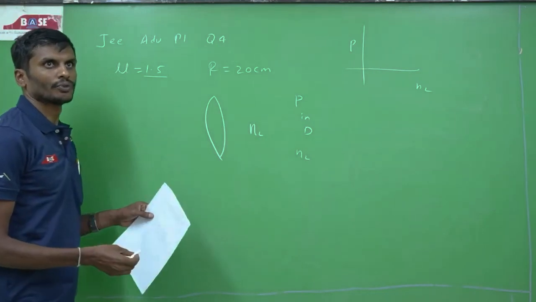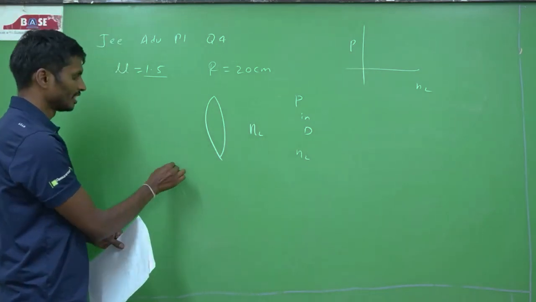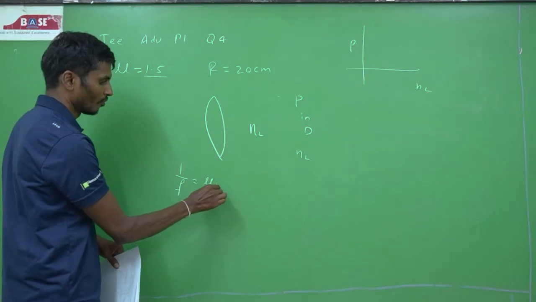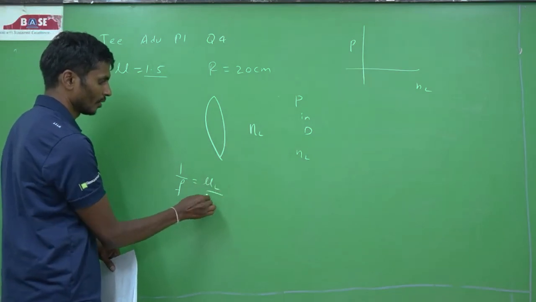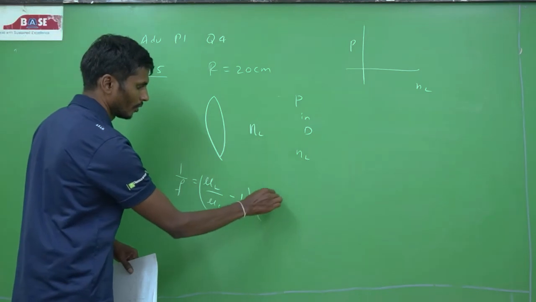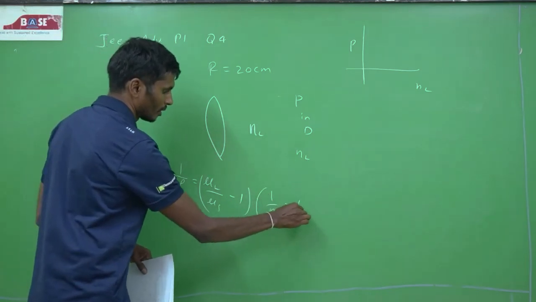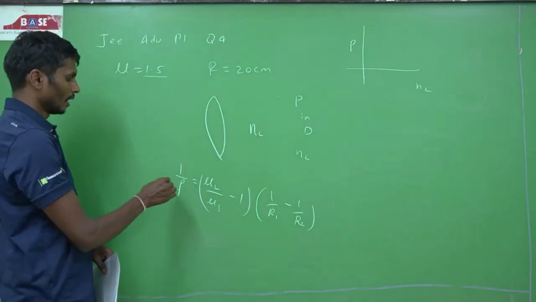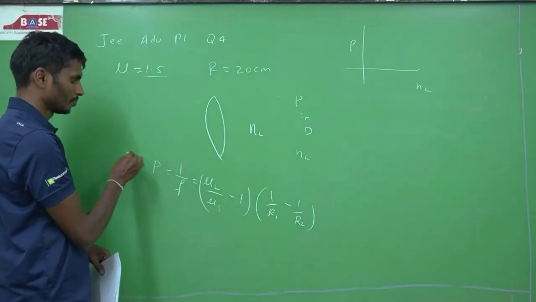Here we can just use the lens maker's formula: 1 by f equals refractive index of lens with respect to surroundings minus 1, into 1 by R1 minus 1 by R2. This is the lens maker's formula, and 1 by f is power.